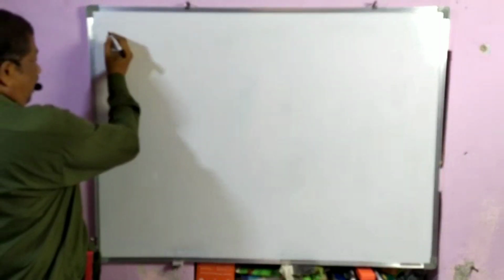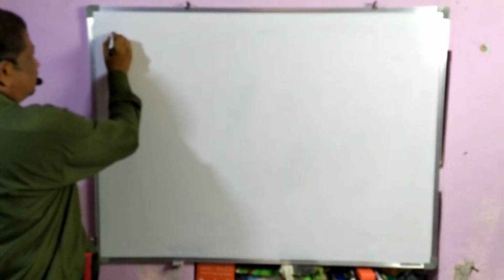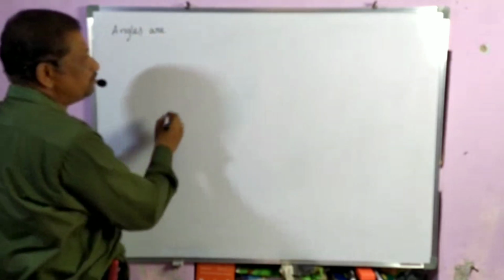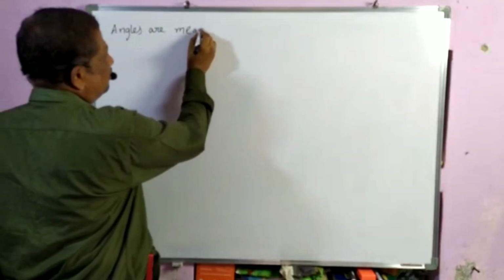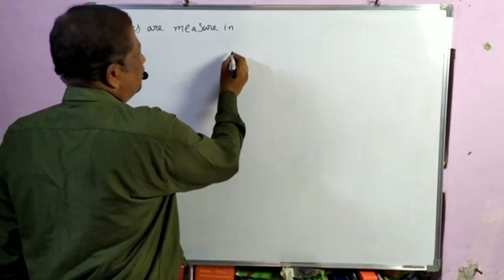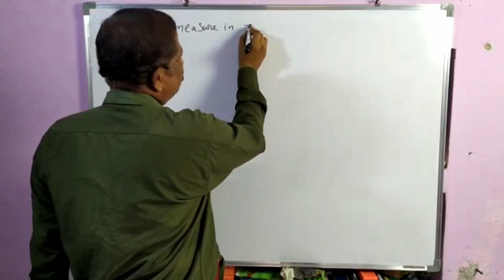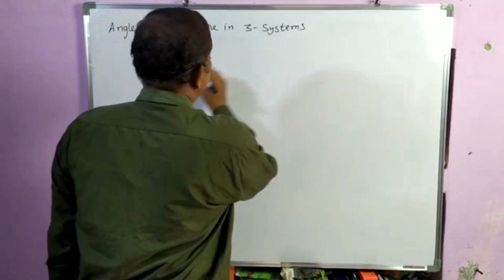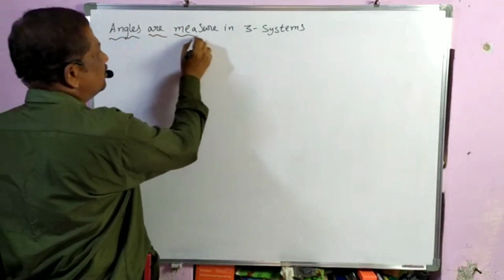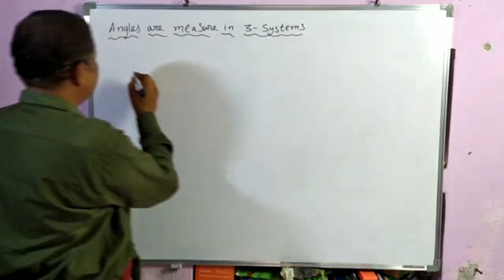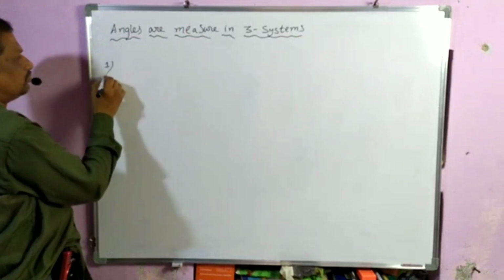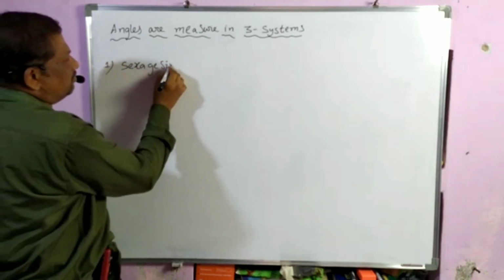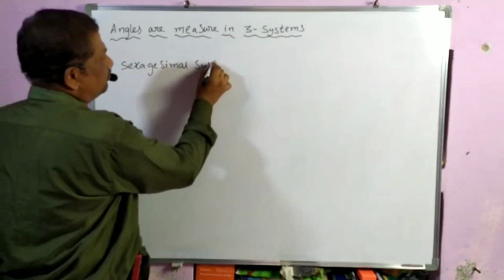So angles are measured in three systems. What are the three systems? First one is the hexadecimal system.